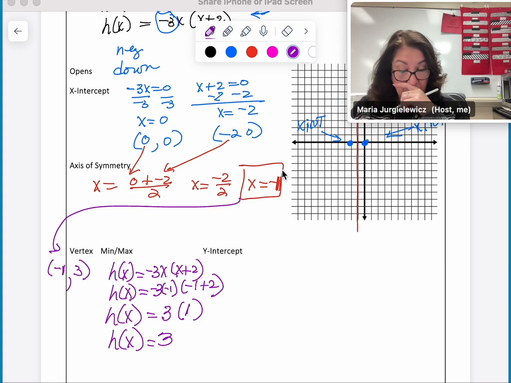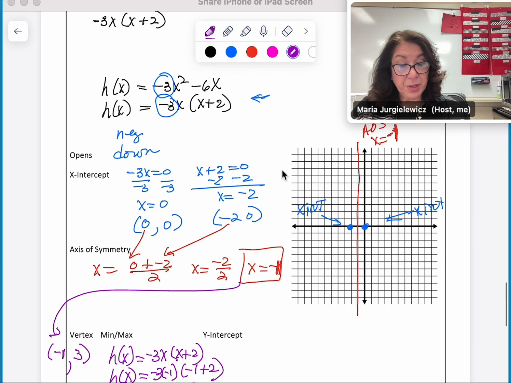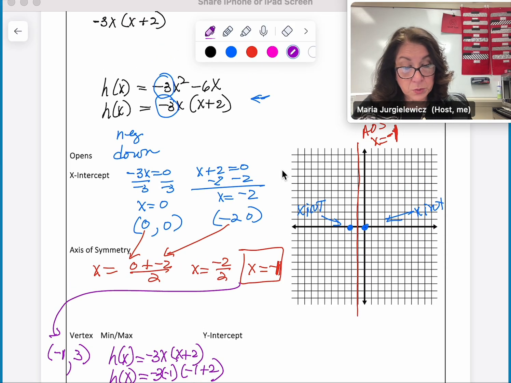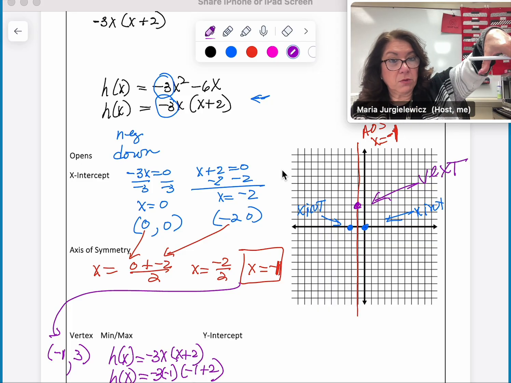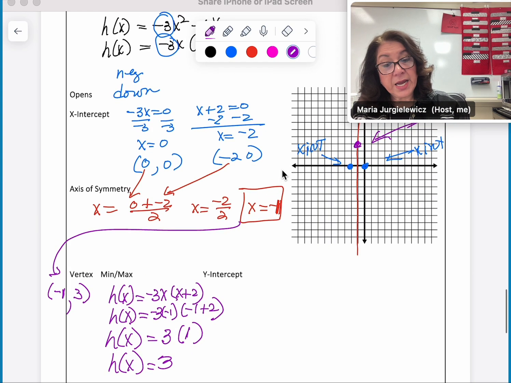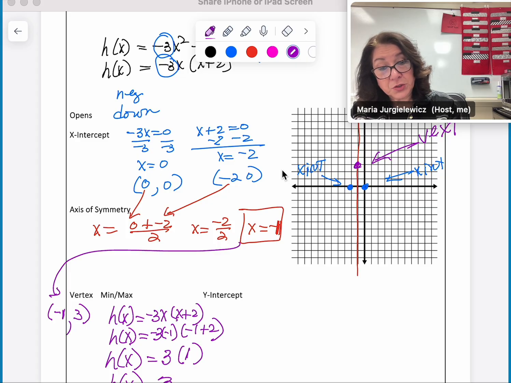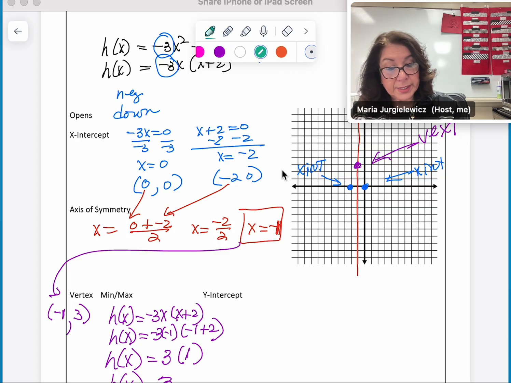So I know that my vertex, the point where it's going to shift, is going to be at negative 1, 3. There's my vertex. So it's going to go down from there. The last thing I have to find is my y-intercept. And my y-intercept will always be 0 followed by a number.